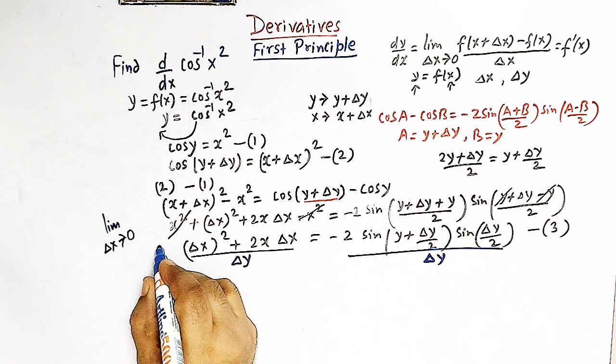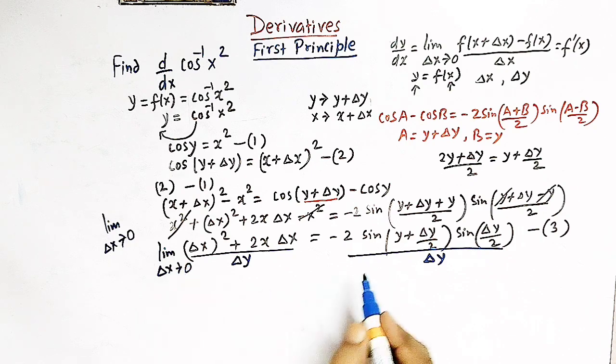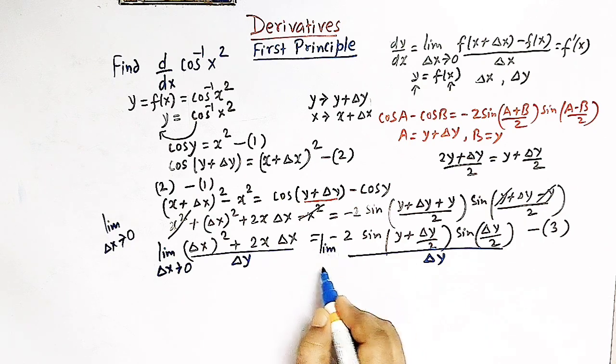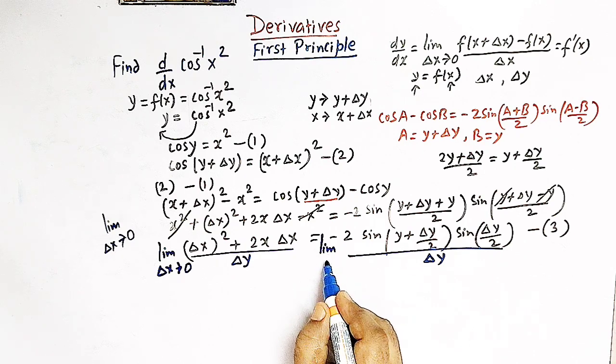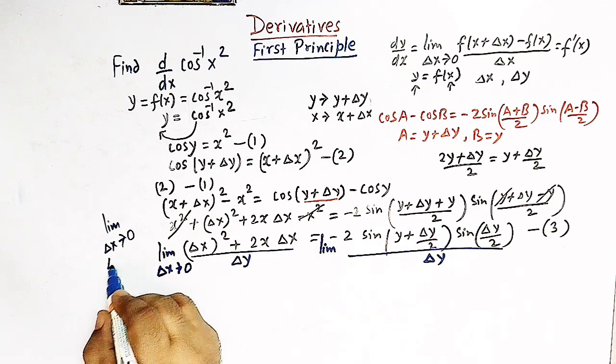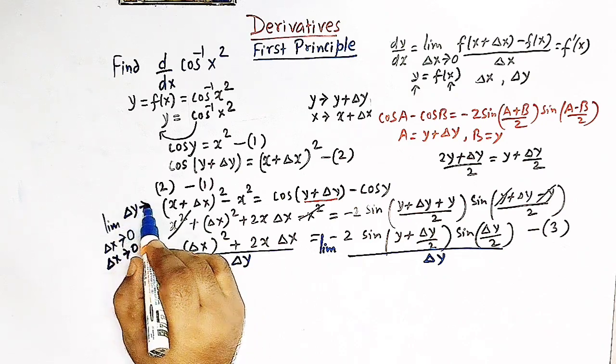But here, when delta x tends to 0, then delta y also tends to 0.